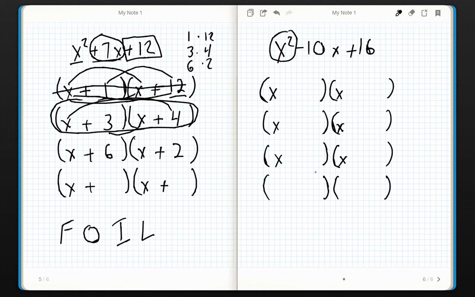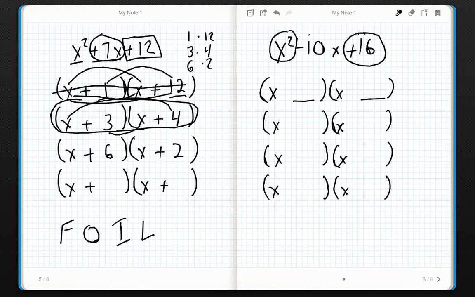Now, looking at the last term, 16. A positive term means that this term multiplied by this term have to be positive, which means one thing. Either both signs need to be positive or both signs need to be negative. So how do I decide?